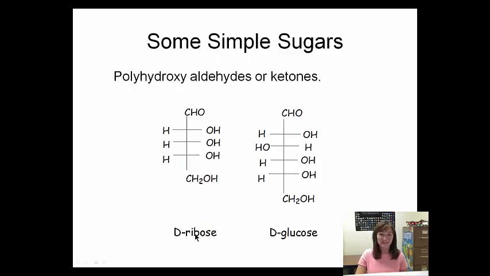I just thought it was interesting. Pretty soon we're going to be getting into some biochemistry, and one of the chapters focuses on carbohydrates or sugars. If you look at some of the simple sugars here, you can see that a sugar has a whole lot of hydroxyl groups. So it's just another common one: polyhydroxy aldehydes and ketones. We'll be getting to these pretty soon.